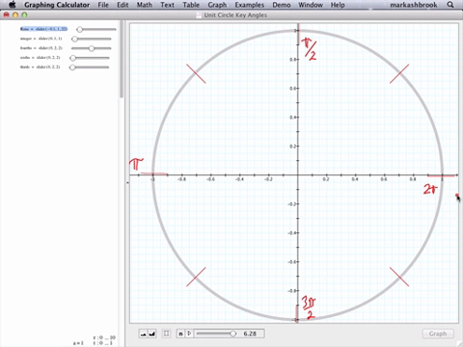Now if we know cosine and sine really well, we can answer: what is the cosine of 3 pi over 2? Is it 0 or -1?